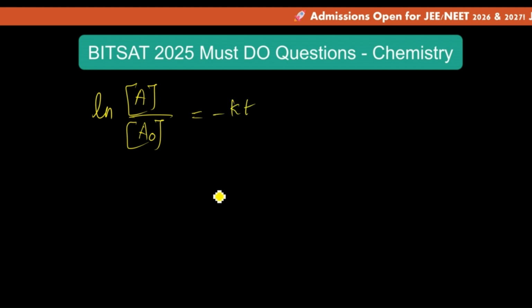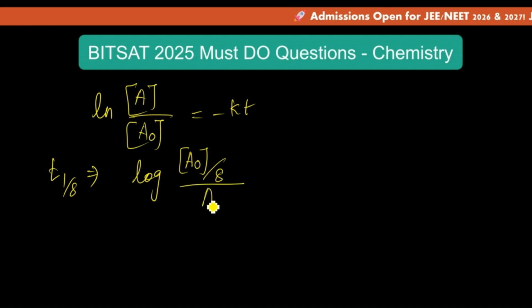In terms of log base 10, we will be adding 2.303. First, let's calculate it for t 1 by 8. So log base 10 of A naught by 8 by A naught, correct?